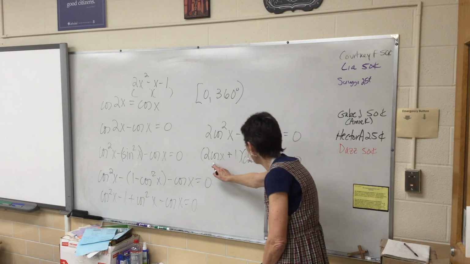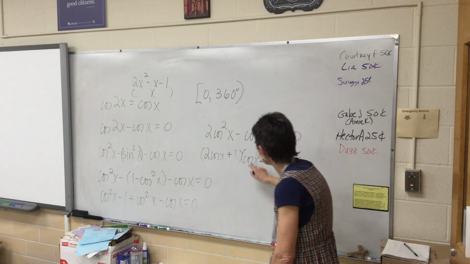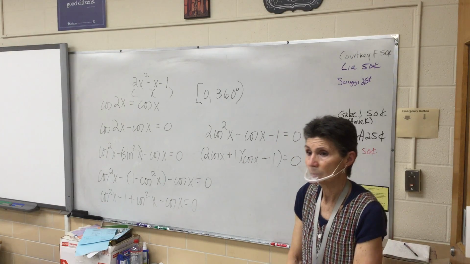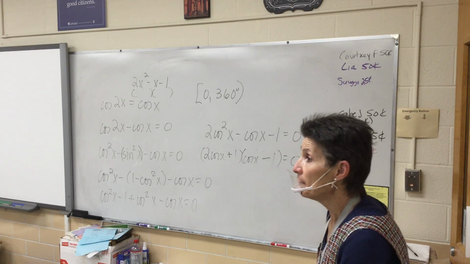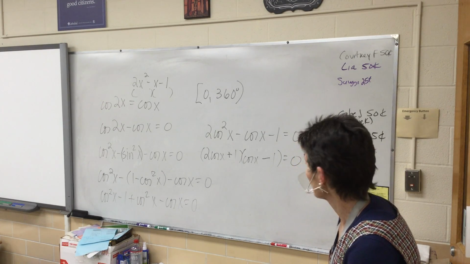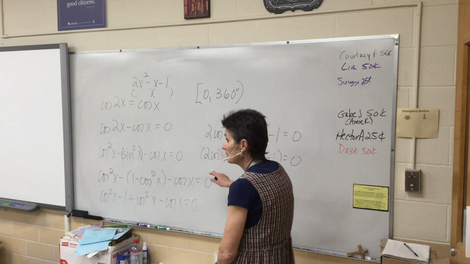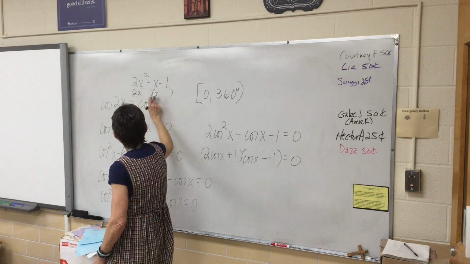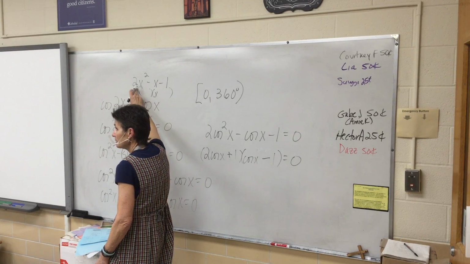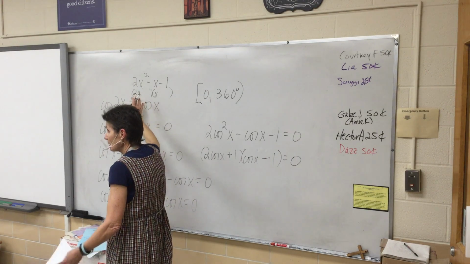When I FOIL that back, see how it gives me what I want? How do you get the 2 out? This 2? Okay, if I'm going to factor this quadratic, then I have to have a 2x and an x, so that when I multiply, I get 2x squared. That's how I did it.